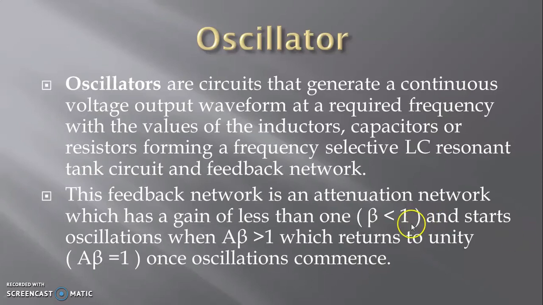We know that beta is always less than 1, and oscillation starts when the product A·beta is greater than 1, which returns to unity, A·beta equal to 1, once oscillations commence. So that is a very essential condition for sustained oscillations: the A·beta product is equal to 1.